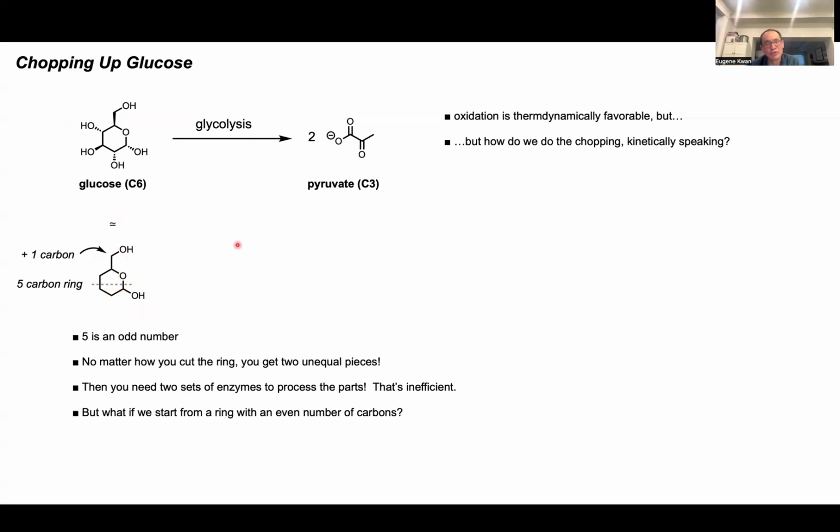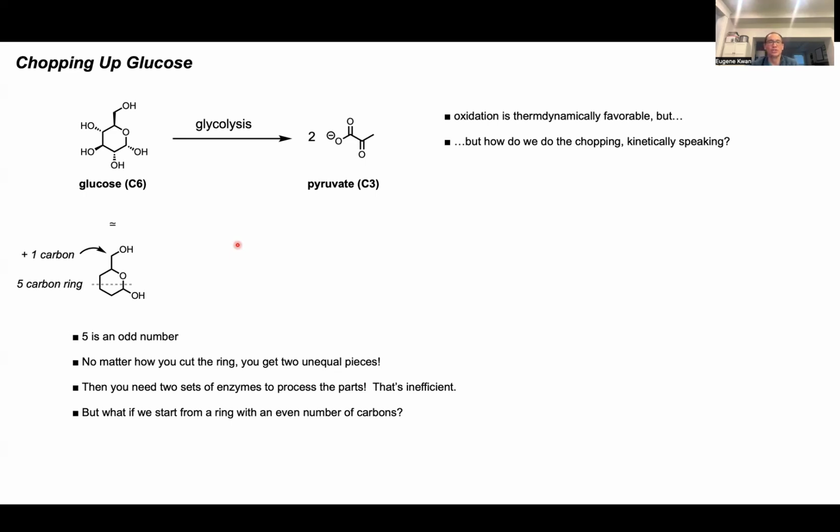And if you just chop that ring, no matter what chemistry you use to chop that ring, you're going to end up with two unsymmetrical pieces. And that's going to be annoying biologically, right? It's going to be expensive because now you're going to have two whole sets of completely different machinery to process both halves. It'd be way nicer if you could chop glucose into symmetric pieces that then can be processed with the same machinery.